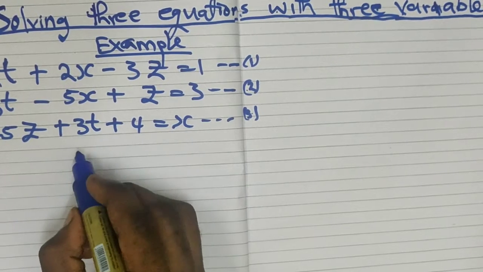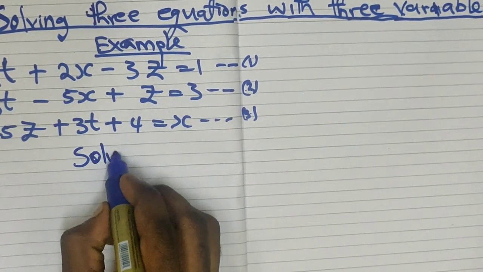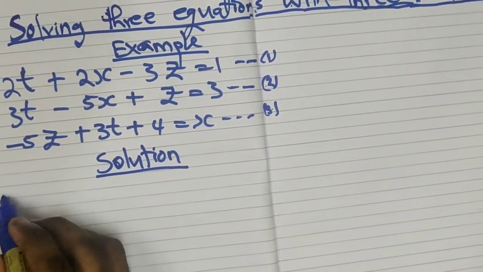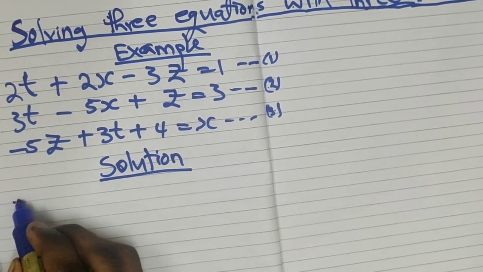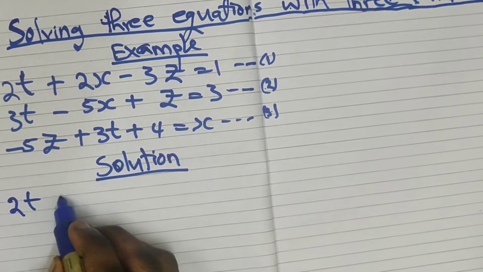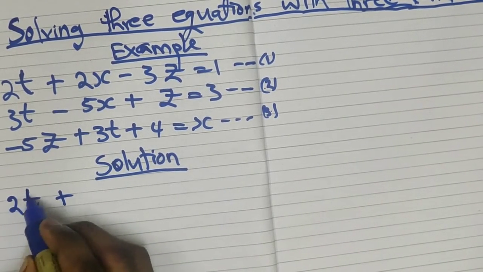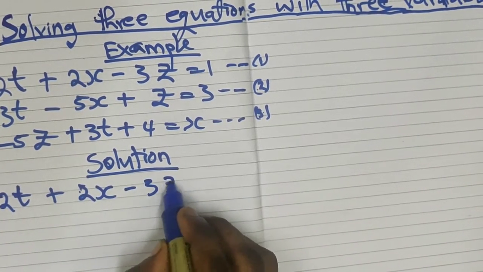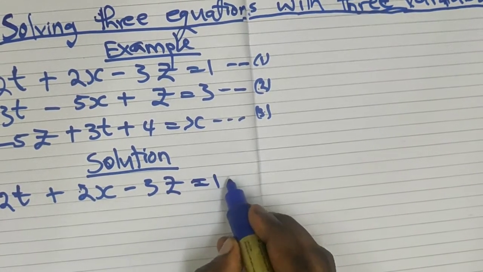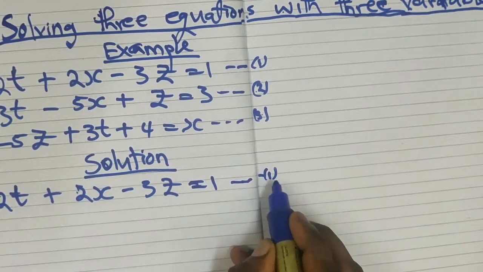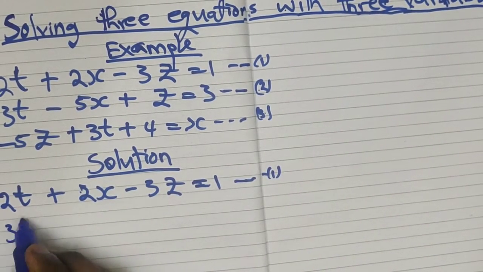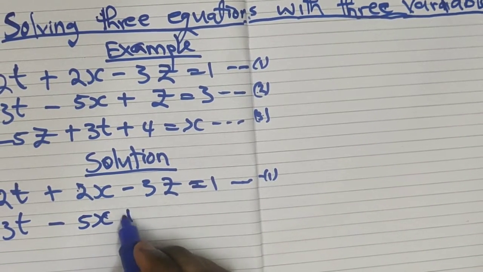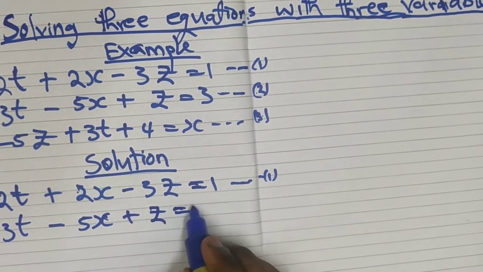Solution. 2t plus 2x minus 3z equals 1, equation 1. 3t minus 5x plus z equals 3.